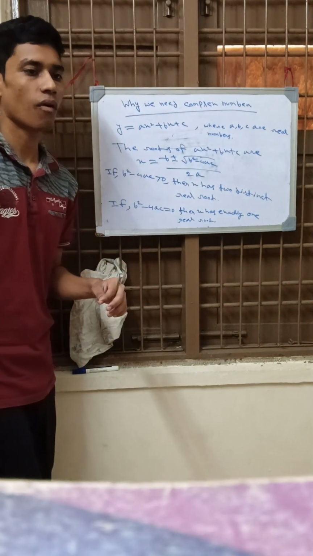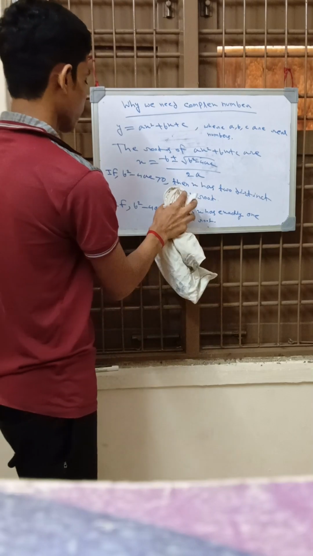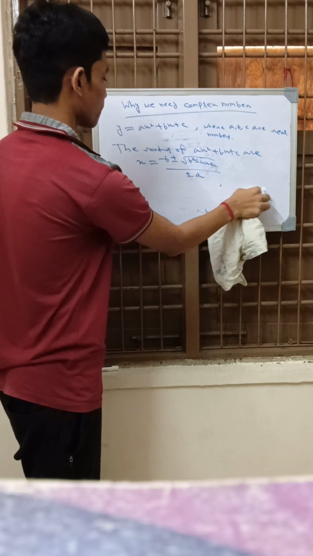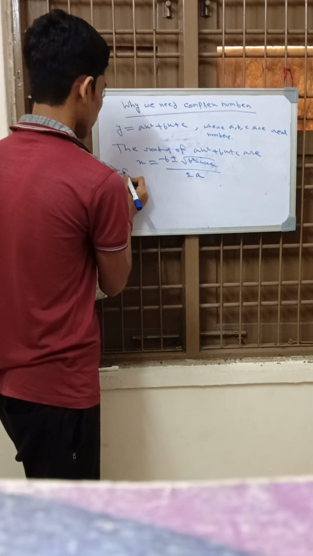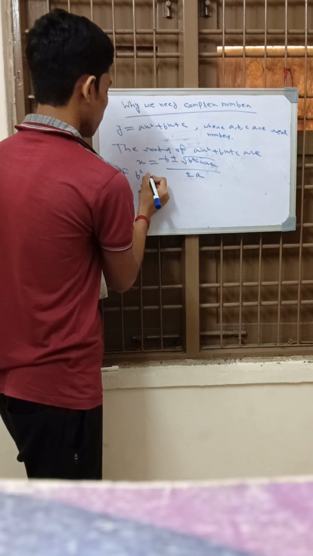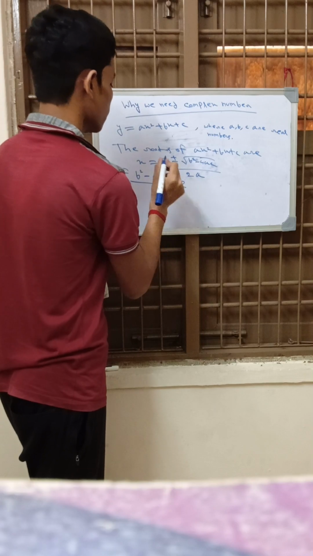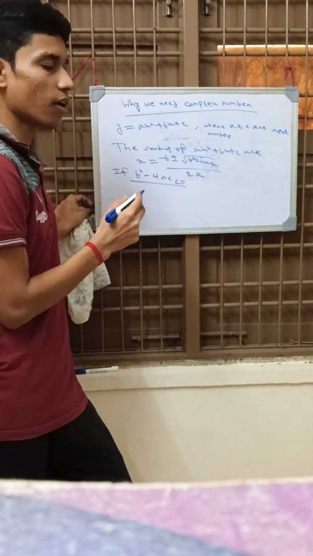But my question is, what happens when b square minus 4ac is less than 0? Let's see this. If b square minus 4ac is less than 0, then x is not a real number. Why?